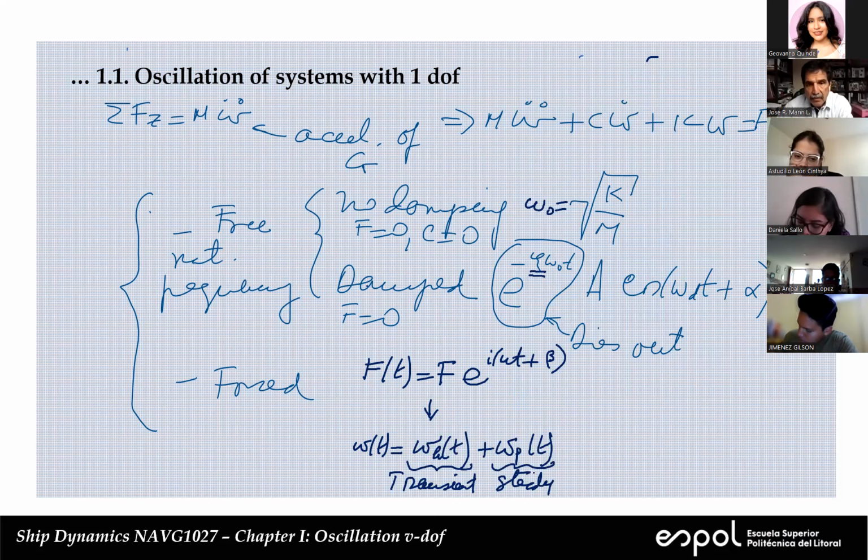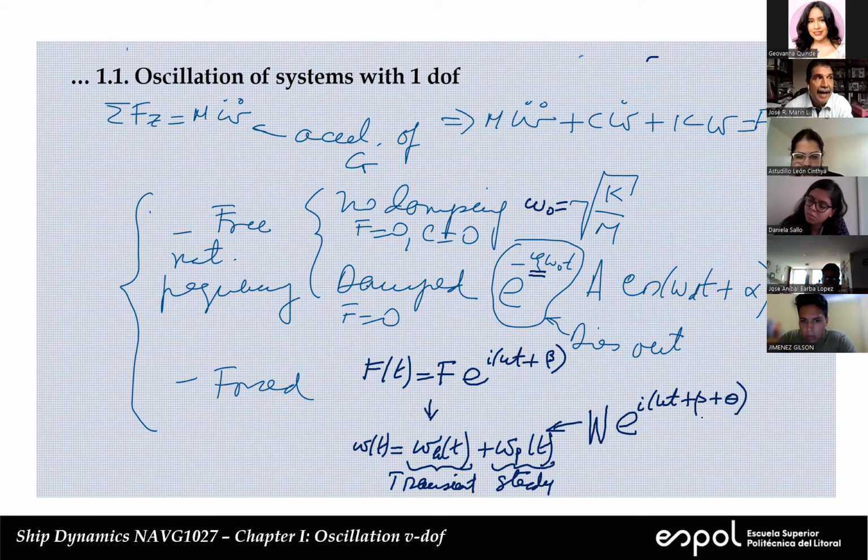The steady one is the one of interest for us, because the transient one will die out, and in some cases it dies out very quickly. This one has an amplitude, the amplitude of the response, and then we have e to the i omega t plus beta. This is the same as the excitation, but we have in general a phase lag.